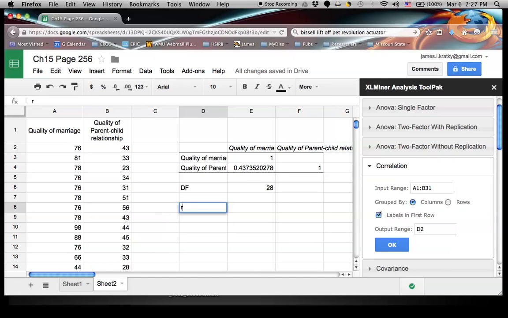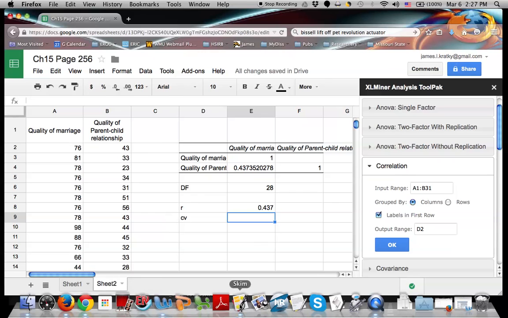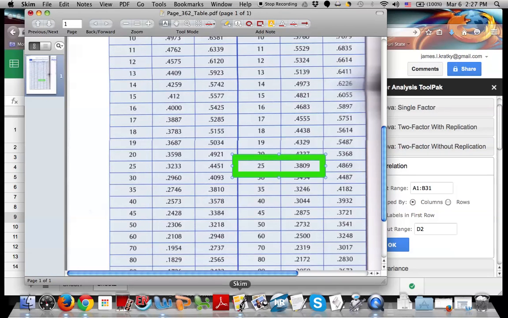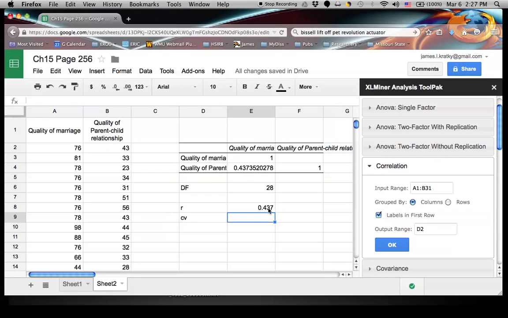So we have our correlation coefficient r, which was 0.437, and our critical value was 0.3809. And since our correlation coefficient is more extreme, it's larger than the 0.3809, we reject the null hypothesis.